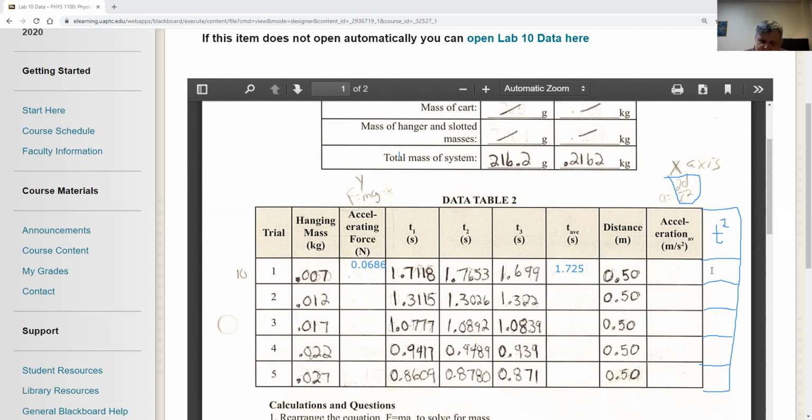Now I'm going to square that and put that right here. So if I square this, I get 2.977.